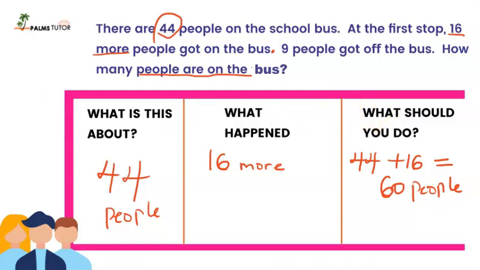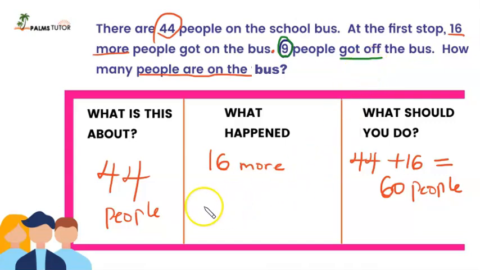Now it goes further to tell us that 9 people, 9, this is an information that is important to us, got off the bus. When they get off the bus, are they still on the bus?